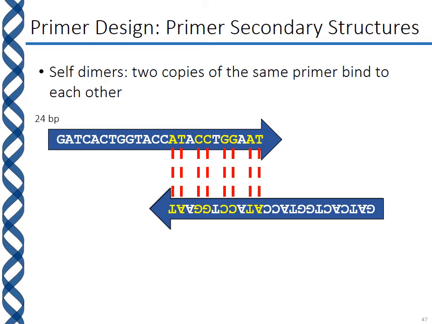Again, the fact that it's on another copy of the same molecule is irrelevant to the binding process. Each of these primers sees the opposite base pairs that it's looking for and forms bonds.